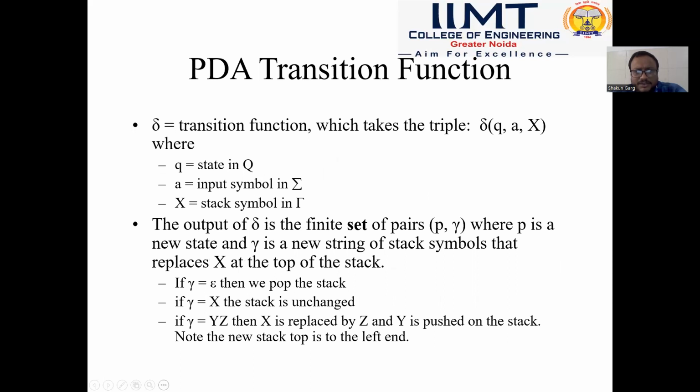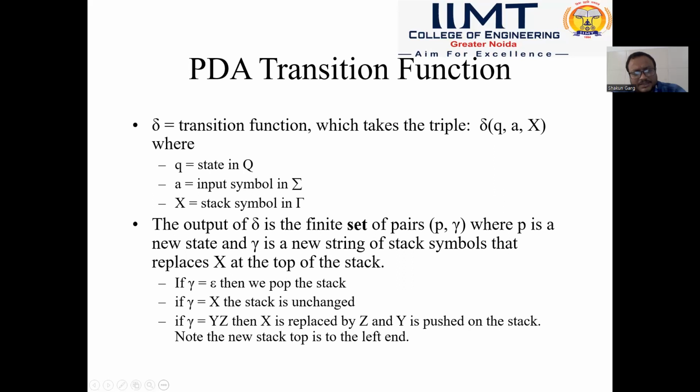Now, the PDA transition function, that is delta. Delta is the transition function, which takes the triple delta of Q comma a comma X, where Q is any state in capital Q, small a is an input symbol in sigma, and capital X is a stack symbol in gamma. The output of delta is a finite set of pairs P comma gamma, where P is the new state and gamma is a new string of stack symbols that replaces X at the top of the stack.